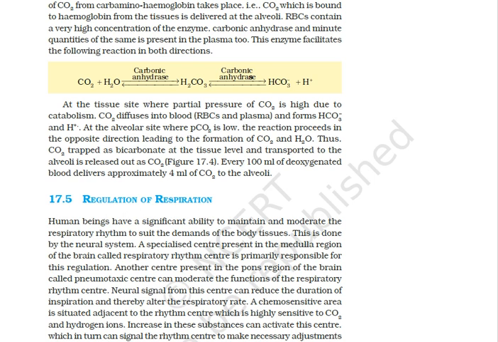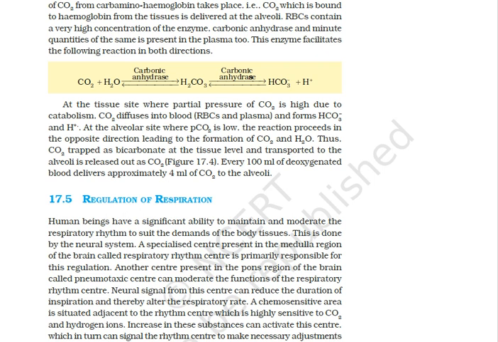A chemosensitive area is also situated adjacent to the rhythm center, which is highly sensitive to CO2 and hydrogen ions. An increase in these substances can activate the chemosensitive center, which can signal the rhythm center to make necessary adjustments in the respiratory process to eliminate these substances.